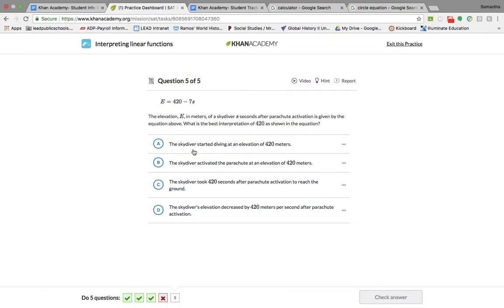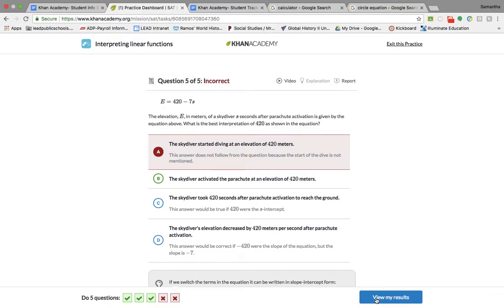Our options are: the skydiver started diving at an elevation of 420 meters; S seconds of parachute; the skydiver activated the parachute at 420. No. Per second after parachute. Let's see. I think starting. Oh, okay. So it's activating at 420.